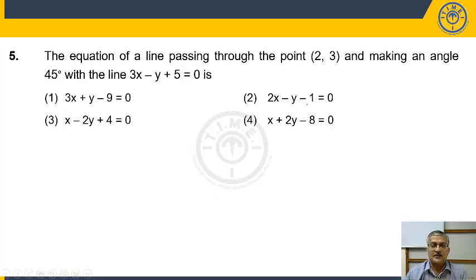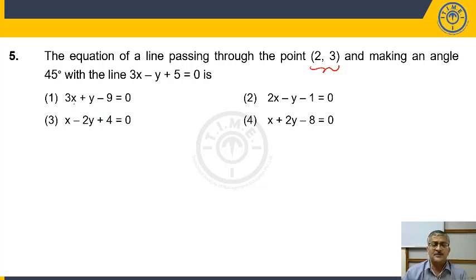Next, look. The equation of a line passing through (2, 3) and making an angle of 45 degrees with the line 3x minus y plus... Passing through (2, 3) means in general we just substitute (2, 3) in the options. But in this problem, what happened?